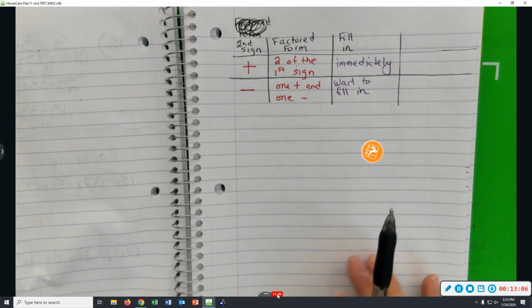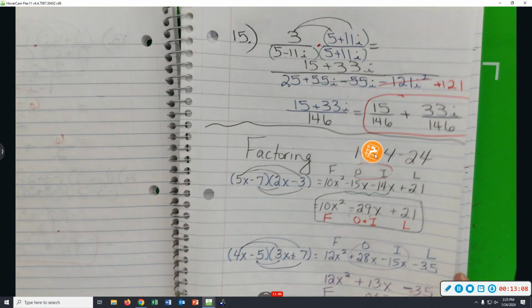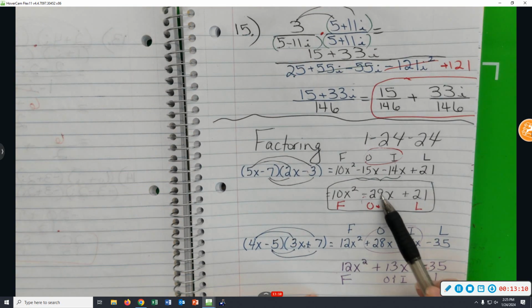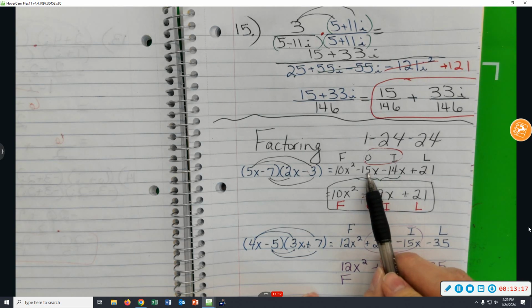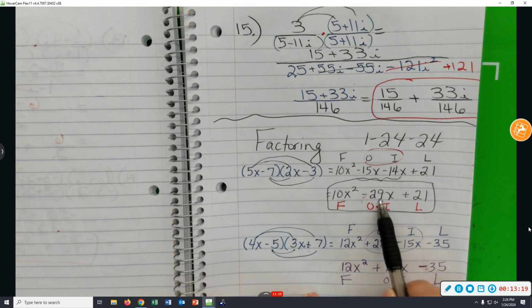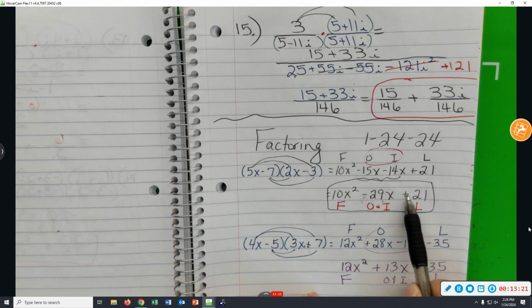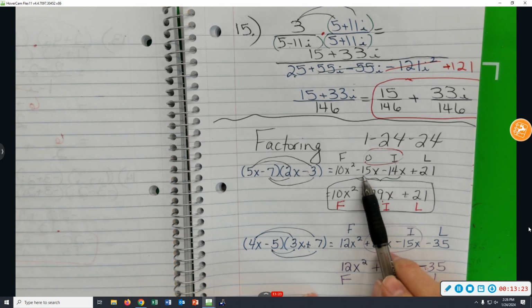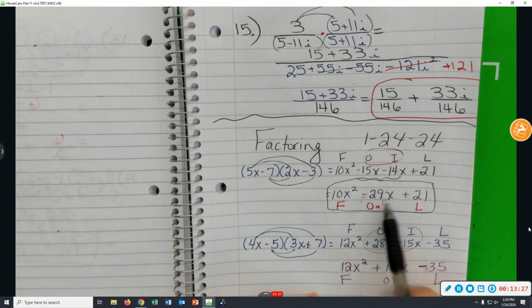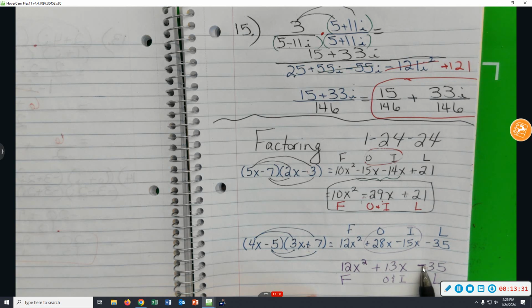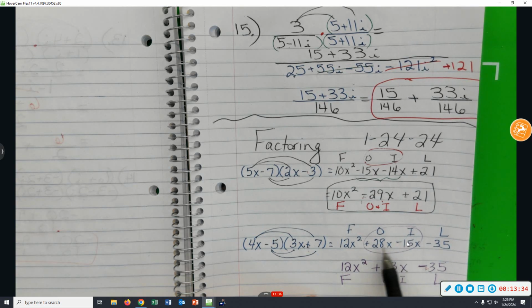One other thing, if you're going backwards, this middle term is going to be very important. You have to combine the outer and inner terms to get that middle term. If the second sign is plus, you're adding these two numbers, and that gets you the middle term. If that second sign is minus, like the 28 and 15, we didn't add those and get 43.